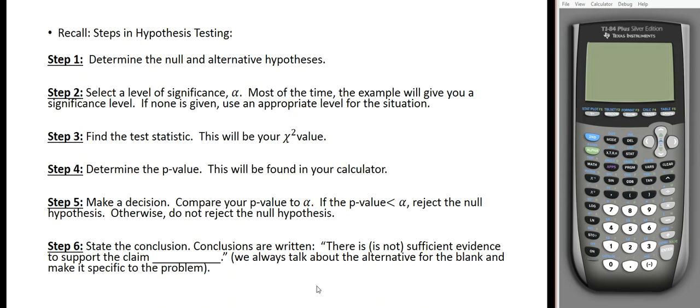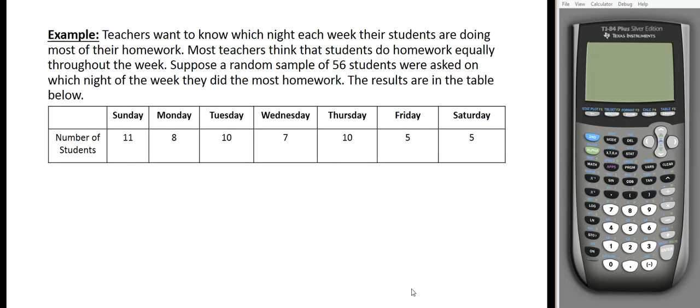Okay, so just remembering our steps in hypothesis testing, we're going to determine the null and alternative hypotheses. We will select a level of significance, find the test statistic, determine the p-value, make a decision, and then finally state a conclusion.